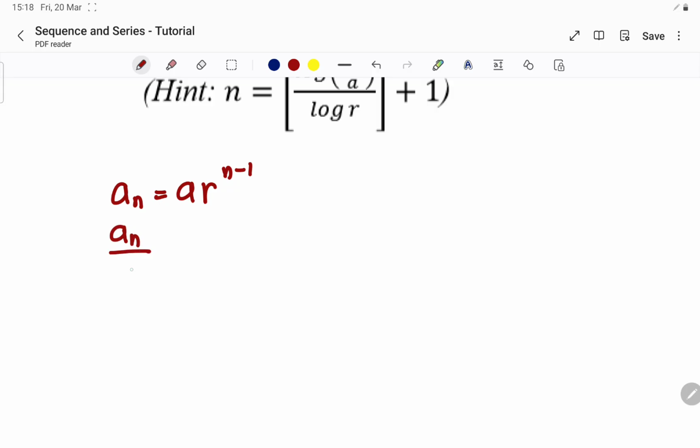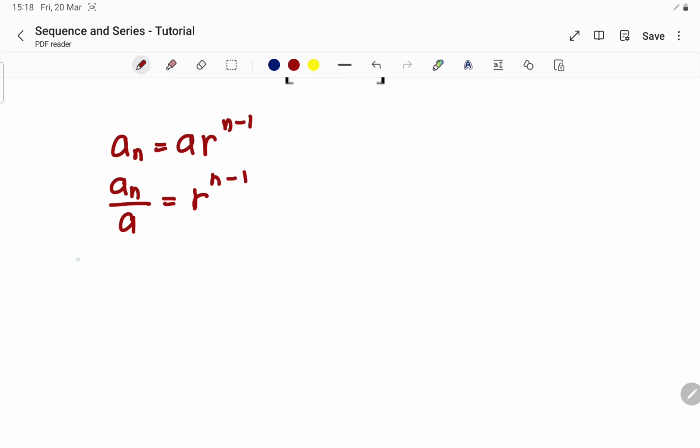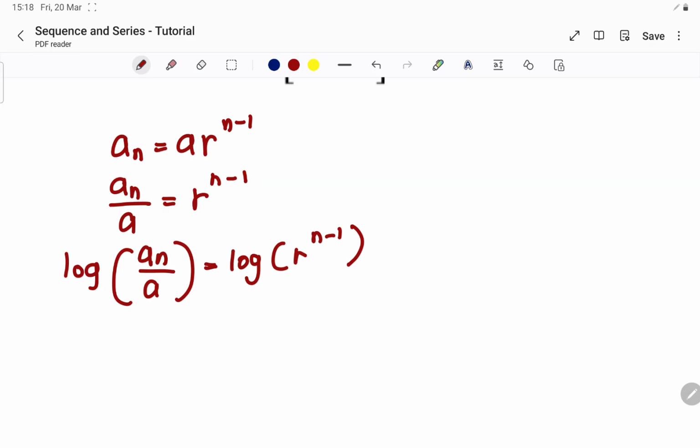So an divided by a equal to r to the power of n minus 1. Now we want to have log in front of it, so you just add log. If on the left side you put log, the right side you also have to put log. So here you will get log r to the power of n minus 1.